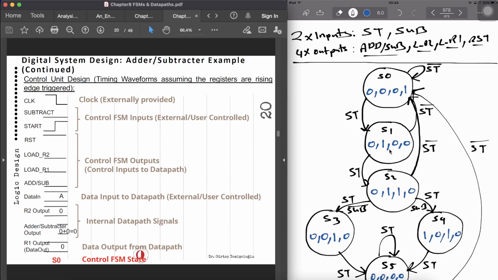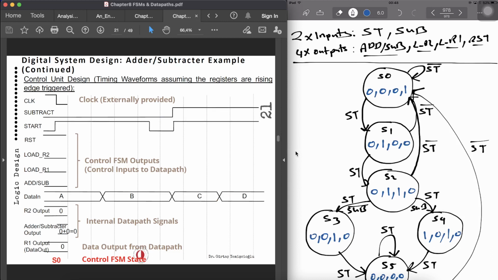Next thing that we are going to look at, we'll set the control inputs that are feeding into the control unit and the data that we are going to feed into the data path. And before we start running the clock, we know how these operations are going to be performed.